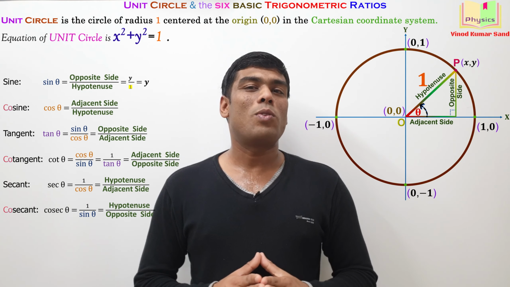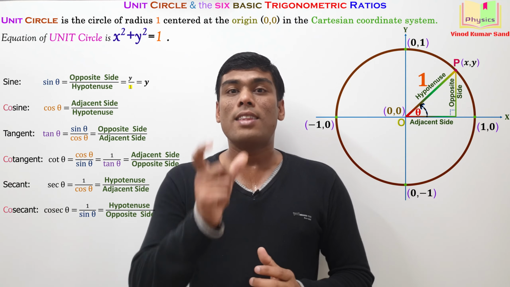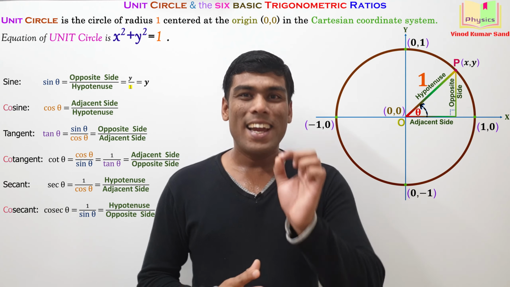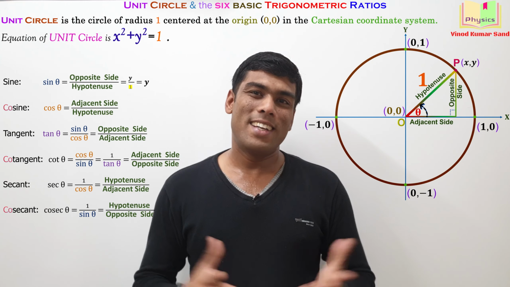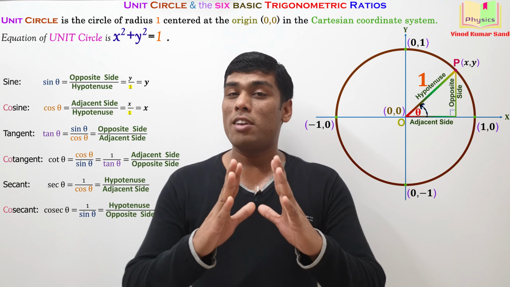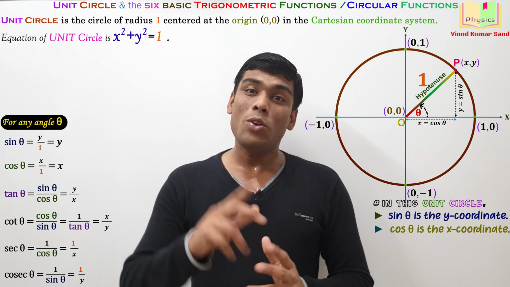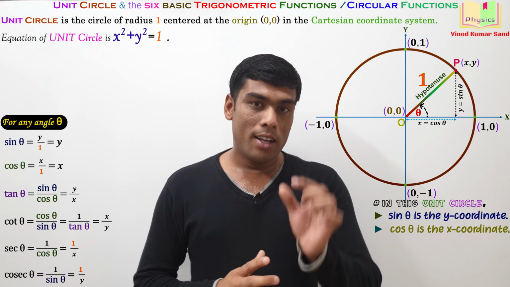The cos theta is equal to what? Adjacent side divided by hypotenuse. The length of the adjacent side is equal to x, and the length of the hypotenuse is 1. So how much is cos theta? Simple, x by 1. Now suppose if I delete the triangle from this picture, even then these definitions are valid.